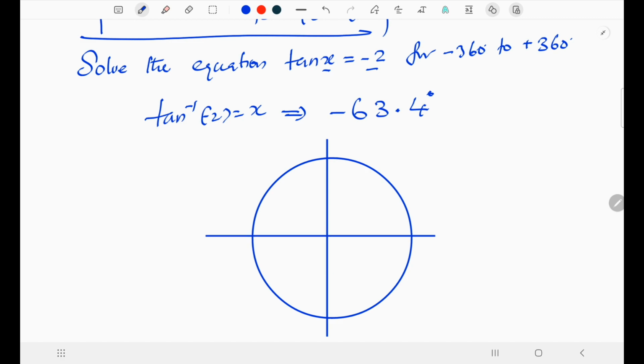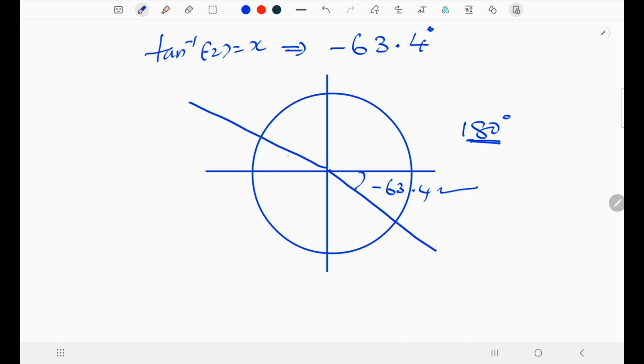Okay, we find one angle, this angle, minus 63.4. Where would be the other angle? The other angle would be in another quadrant.